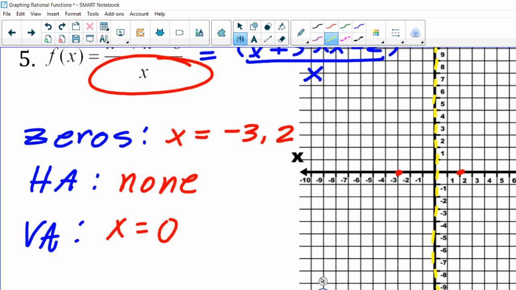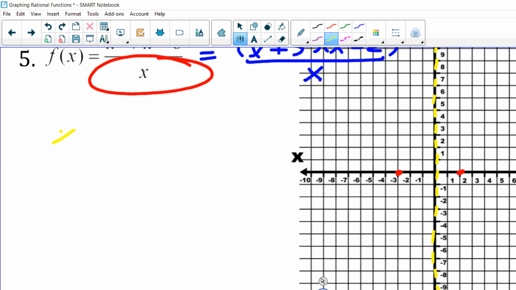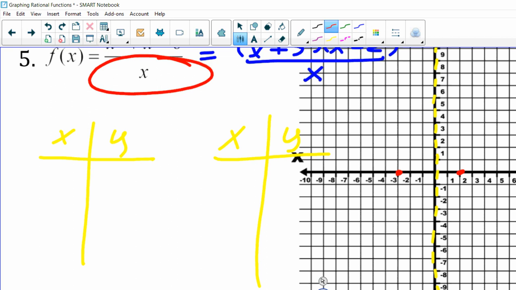So I'm going to have to erase this so I have more space. But I rather like yellow, even though it's a little hard to see. Now, on the left side of the vertical asymptote, how many points do I already have? 1. So how many do I need? 2 more. -1 and -2.